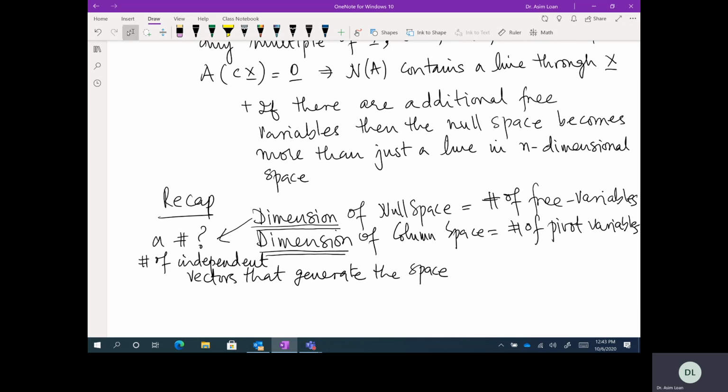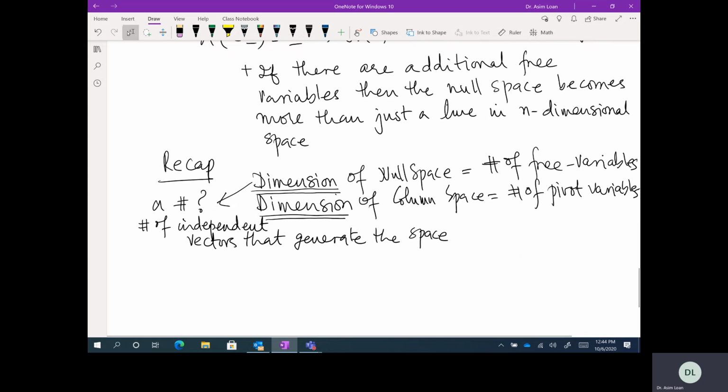The subspace's basis is not unique, so the number of independent vectors is fixed, but there can be multiple sets of independent vectors that generate the same space. So maybe it's not recapping, this is going ahead.